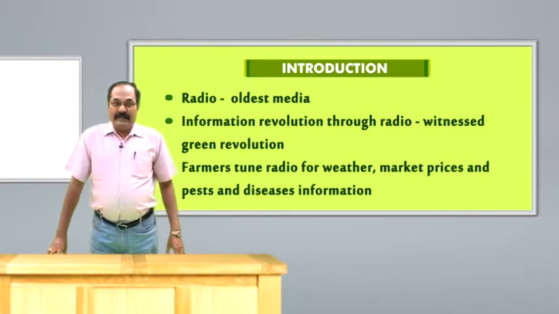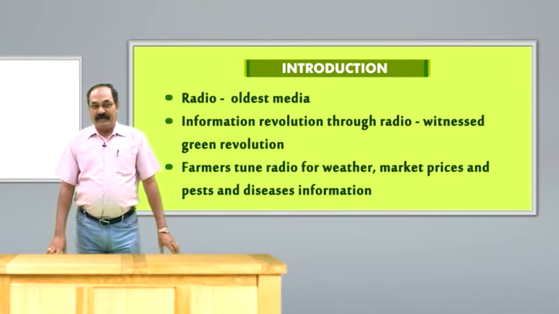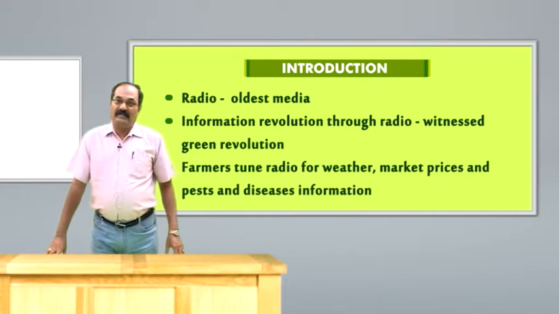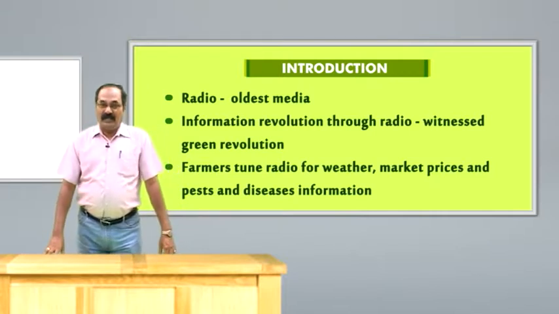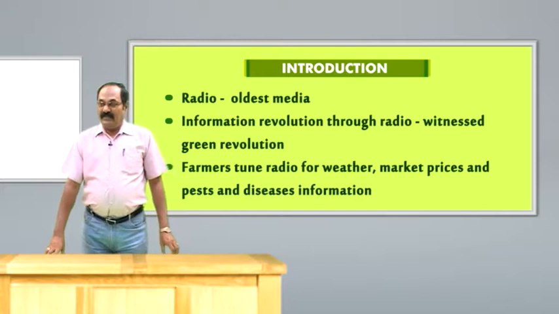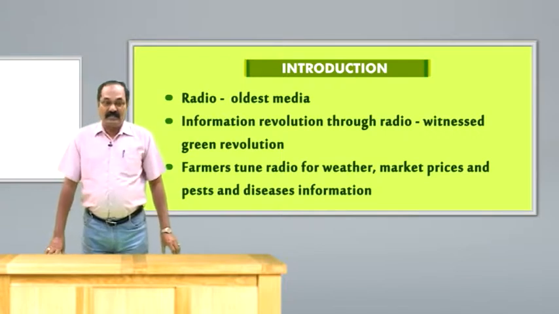Now we will start the introduction of community radio. Everybody knows radio is one of the oldest media of communication. It enabled an information revolution, which resulted in the green revolution taking place during the early 60s in our country.